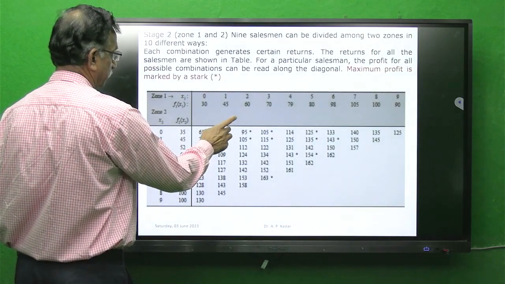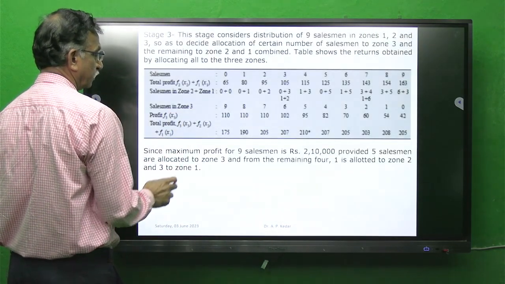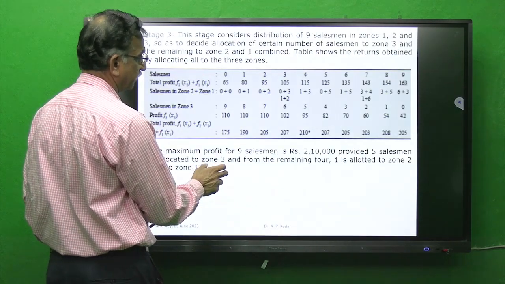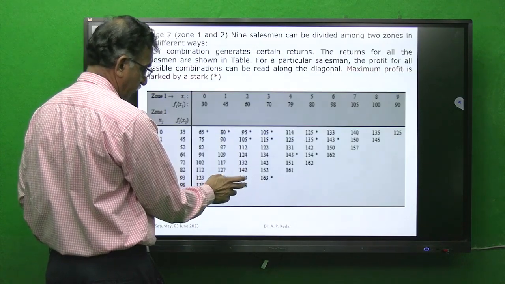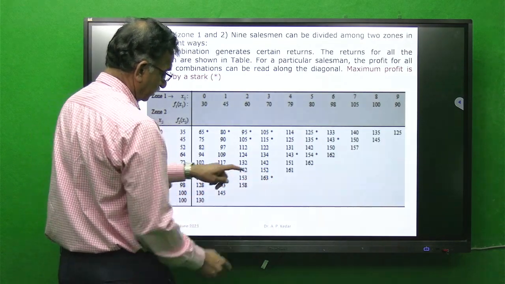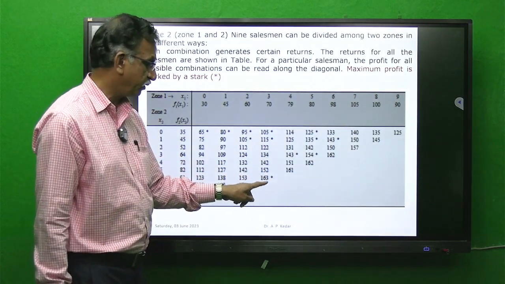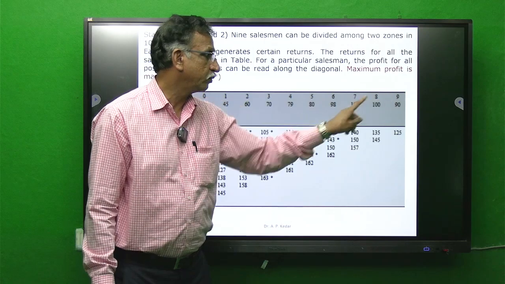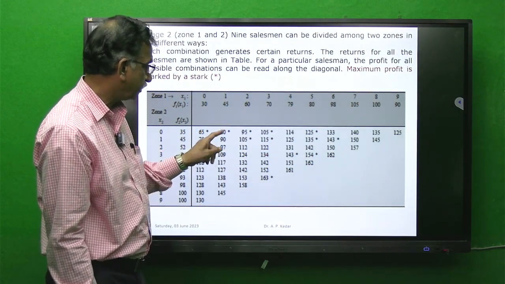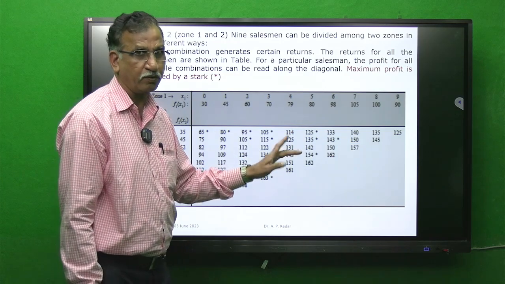See here, this was our second column. Now you remember this value, not 183, 163, and this 163 is the maximum for a combination of 9. Like for every combination we have star mark values.